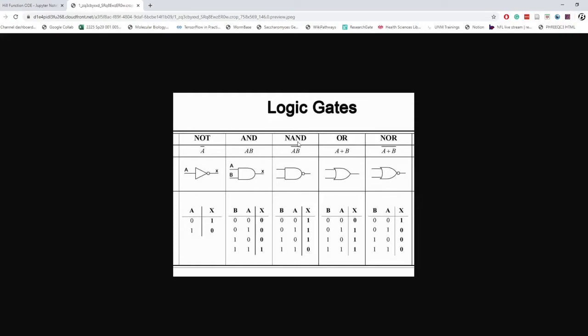A NAND gate would be everything except the AND output, so it's active at all things except this. And then the OR gate, active whenever there is an A or B, so both A and B may be activators in this example. And then the NOR gate, where A and B are both repressors, and thus X is only active when there is not any of them.